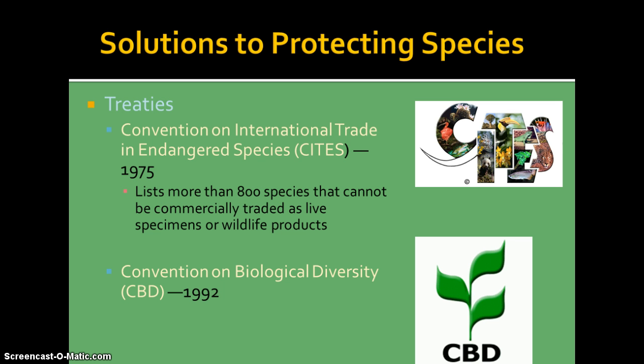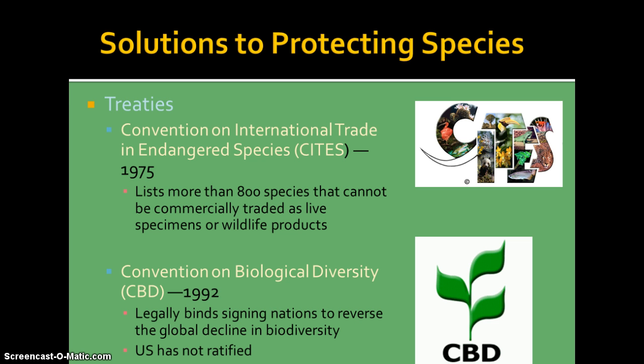CBD, or the Convention on Biological Diversity, was in 1992, and the nations that sign it agreed to work on reversing the global decline in biodiversity. For any of the treaties or laws that we talk about, if you remember their abbreviation, like if you remember CITES or remember CBD, you don't need to memorize the whole name. The U.S. has not actually ratified the CBD as of this date.